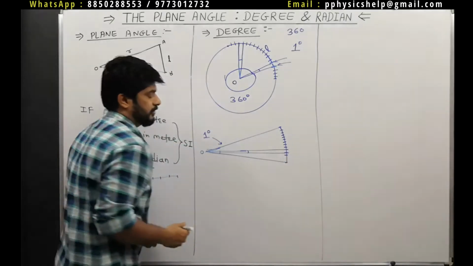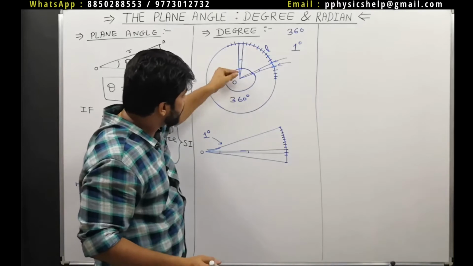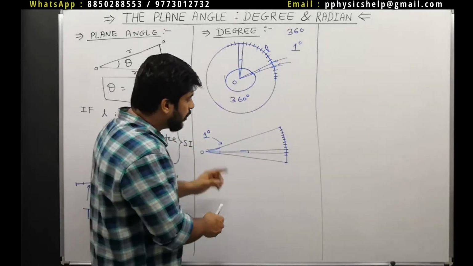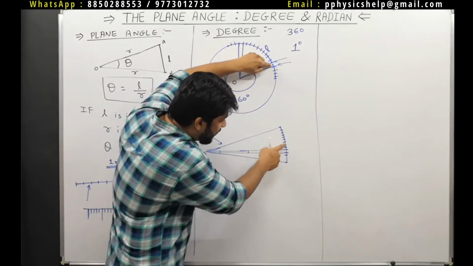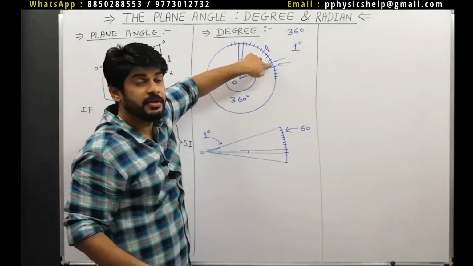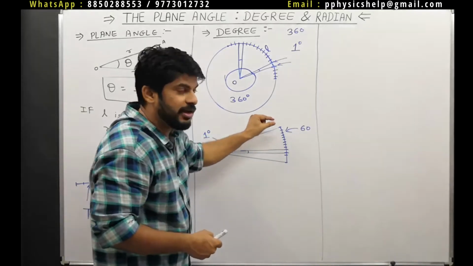If I choose any arc, this is 1 degree and this same picture has been drawn here by just magnifying it. And now this small arc which is magnified here is again divided into 60 equal parts, and again you will have 60 very small arcs.